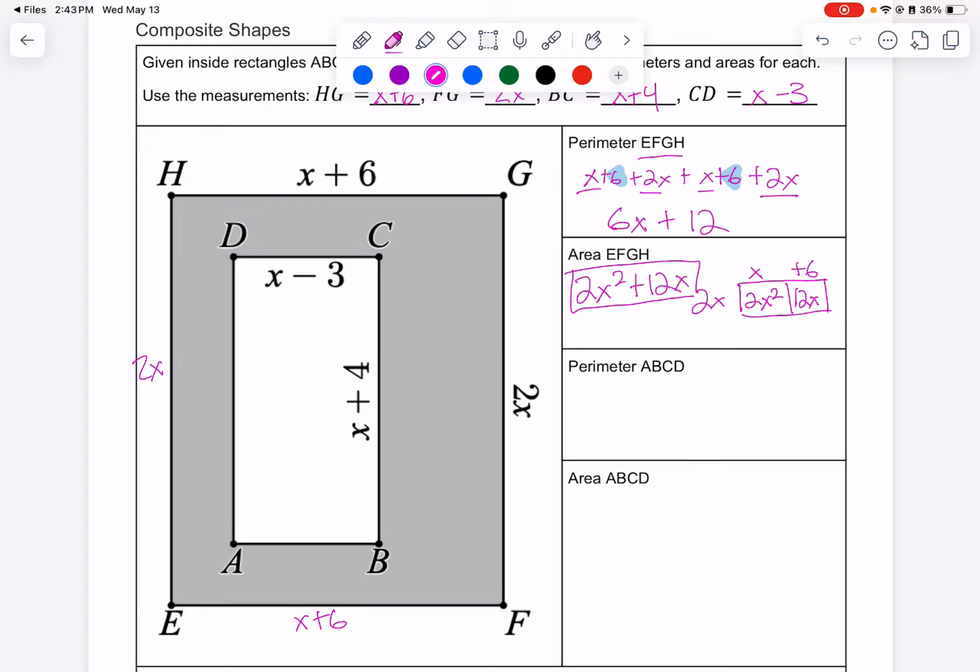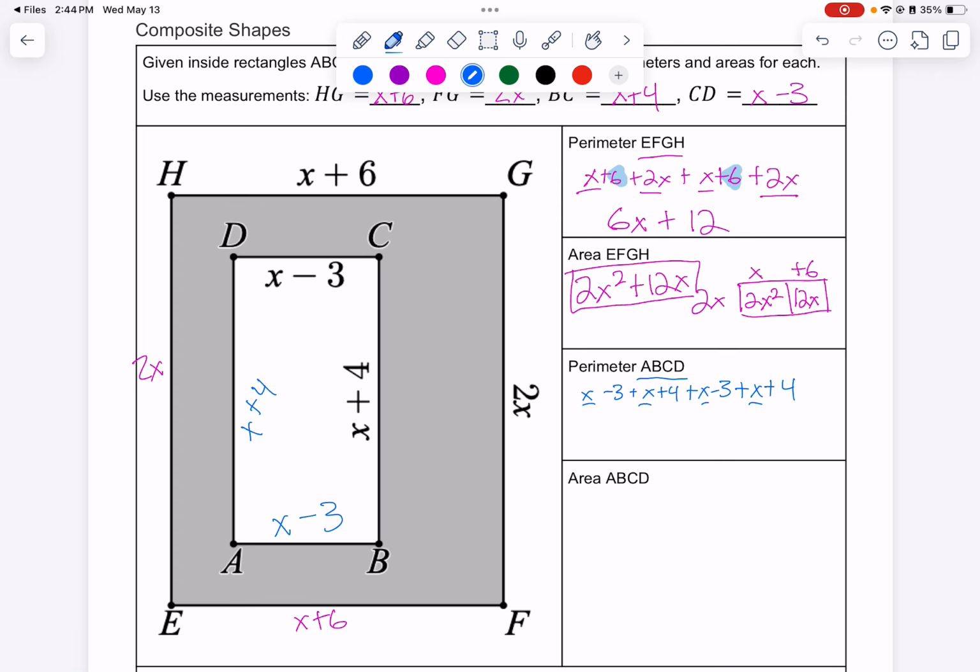For the perimeter of ABCD, let's switch to a different color. How about we switch to blue? So for ABCD, we're looking at the inside here. This x plus 4 on the verticals and x minus 3 on the horizontals. So I'm going to add all that together. X minus 3 plus x plus 4 plus x minus 3 plus x plus 4. So I got a lot of things that could be combined.